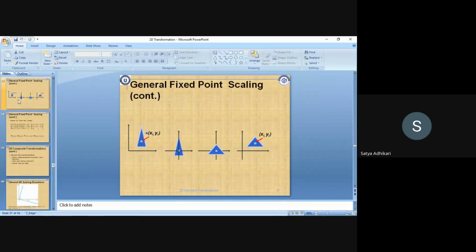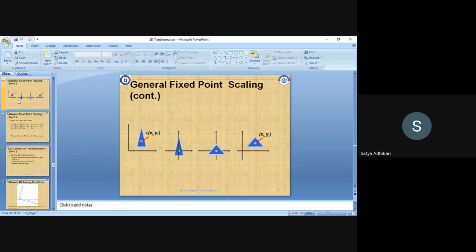So you see in the second picture, the work is done. Now you are at the origin. We don't have any problem resizing the object. Why? Because we have the scaling factor and the transformation matrix to change the object.